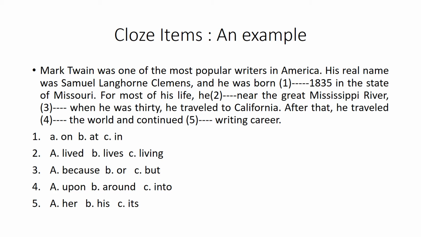So here the teacher aims to test the preposition. If you go to blank number two, the options lived, lives, and living are verbs in different tenses. So he is now testing tenses, and so on.